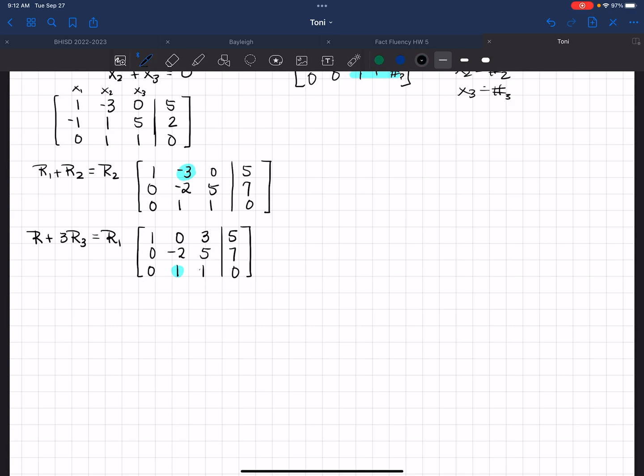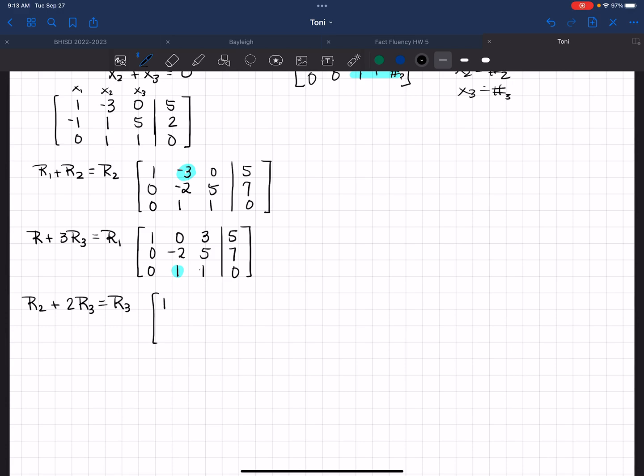Okay? So what I'm going to do is I'm going to take row 2, and I'm going to add 2 times row 3 to that to give me row 3.